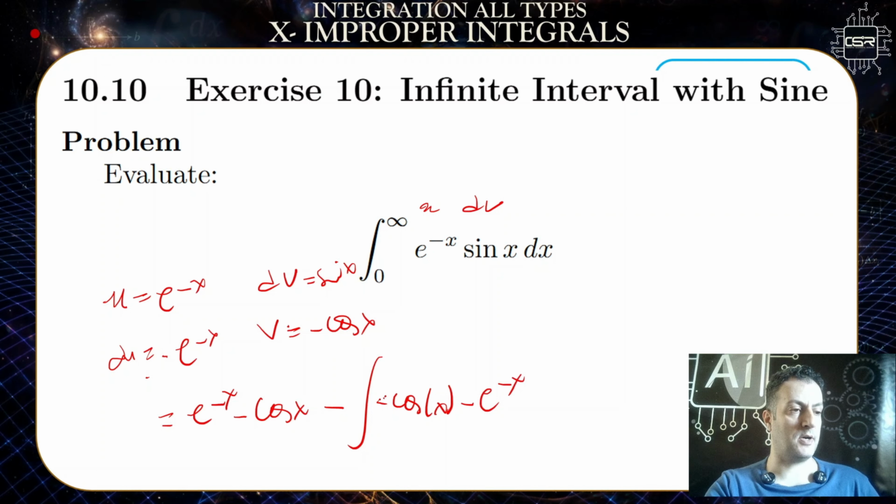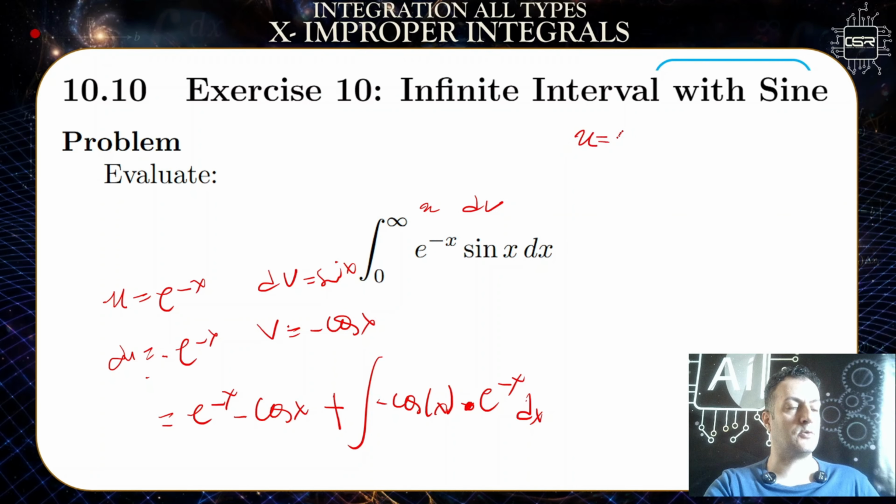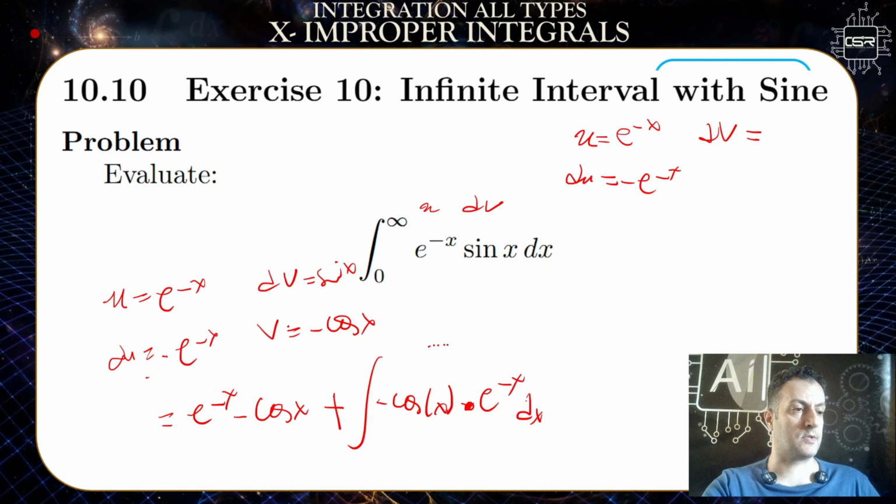Okay, minus minus is plus, and we are left with 1 minus the integral of cosine x times e to the minus x dx. Then again, let's suppose u is equal to e to the minus x, du equal to minus e to the minus x, dv equal to cosine x, for this integral.